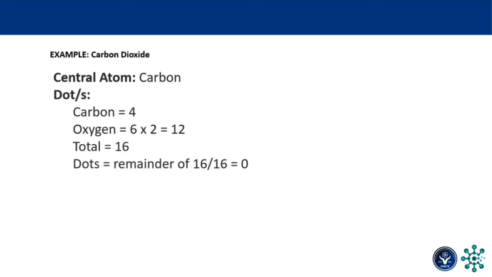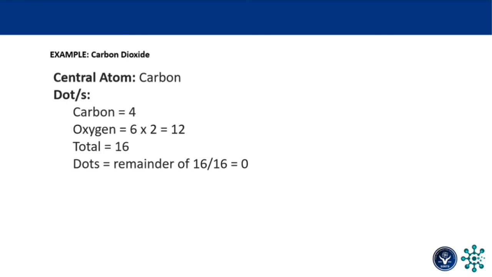So next is to calculate the number of dots. First, we will get the total amount of valence electrons in the structure. We have a carbon atom and 2 oxygen atoms. A carbon atom has 4 valence electrons. 1 oxygen atom has 6 valence electrons, times 2 because we have 2 in the structure, so we have 12.